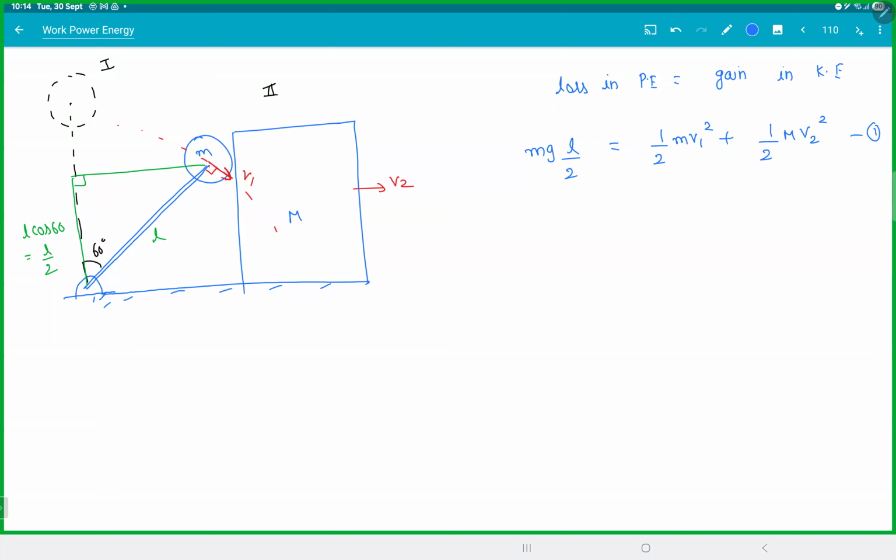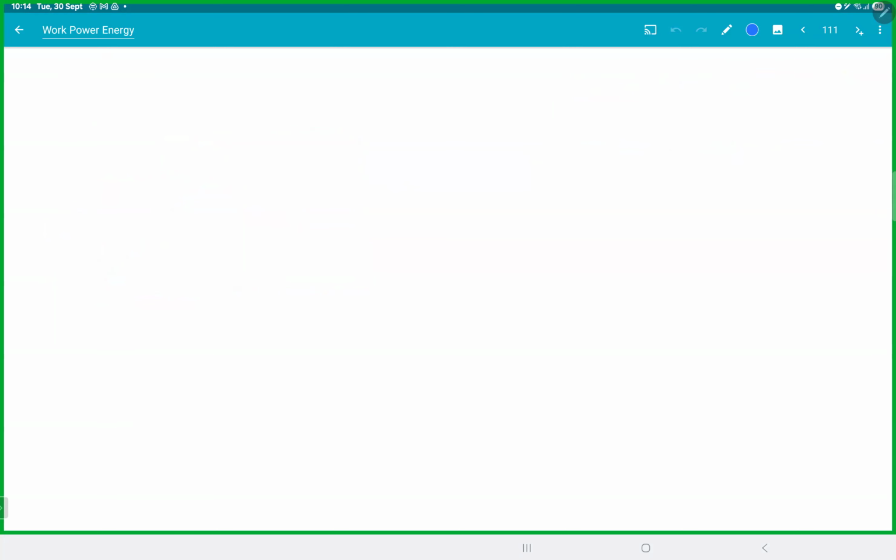Next thing, tell me one thing. As long as these two are in contact, rigid body constraint, velocity along the normal must be the same. So if they're touching each other, just before losing contact, since they're touching each other, velocity and acceleration along the normal must be the same.